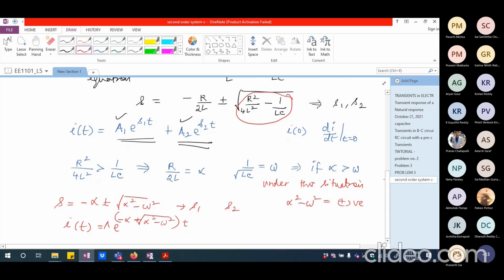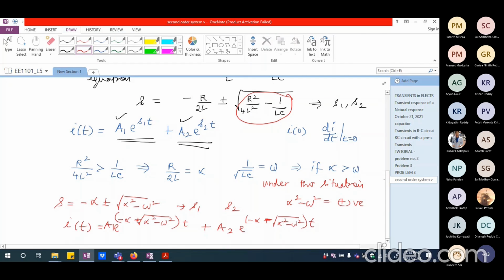This is multiplied by A1 and I'm going to say A2 multiplied by minus alpha minus root of alpha square minus omega square times t. So this is the complete solution for I of t.